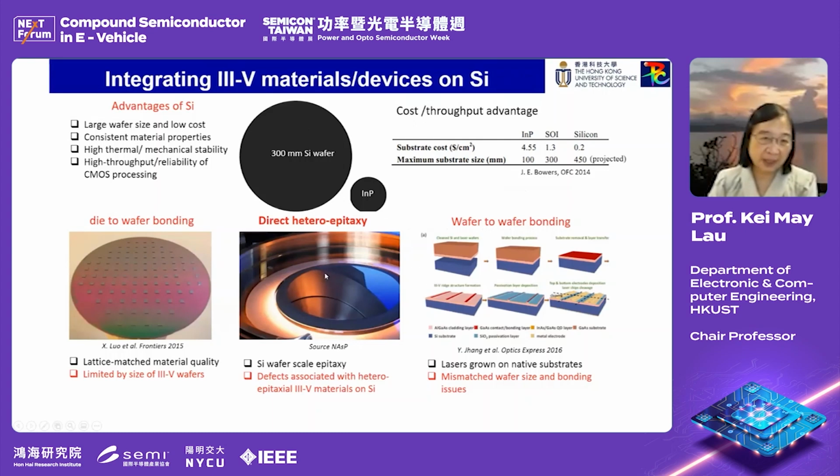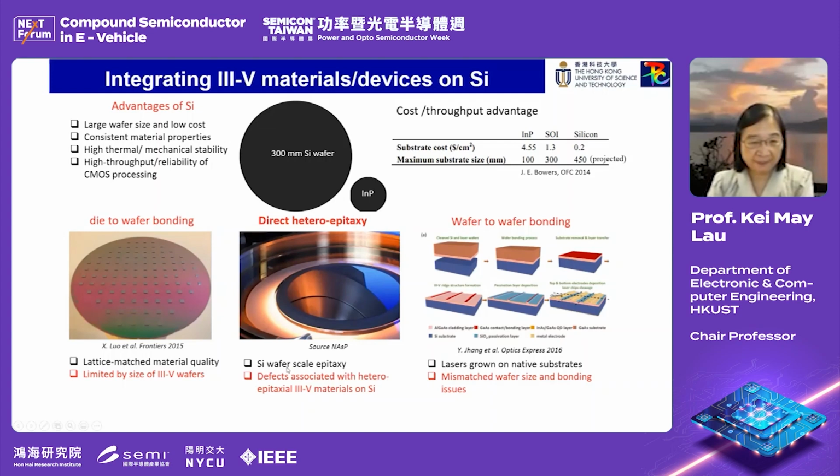And of course, every technology has its pros and cons, and our focus has been on direct epitaxy. So that's why I like to call this technology epi for epi. It's doing epitaxy for electronic and photonic integration.